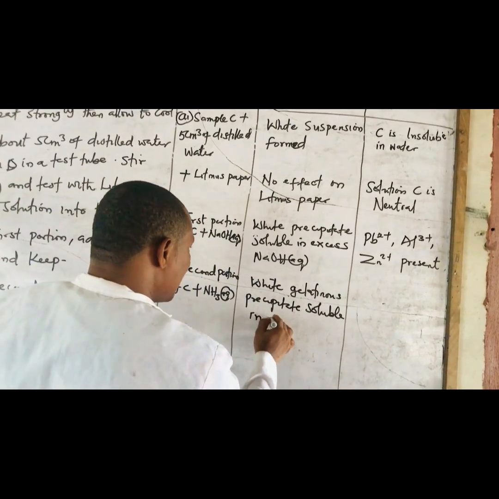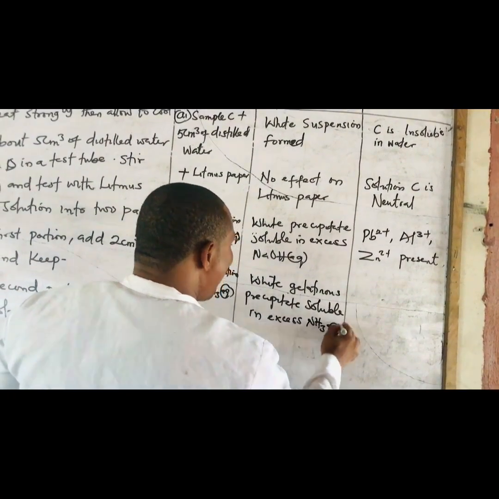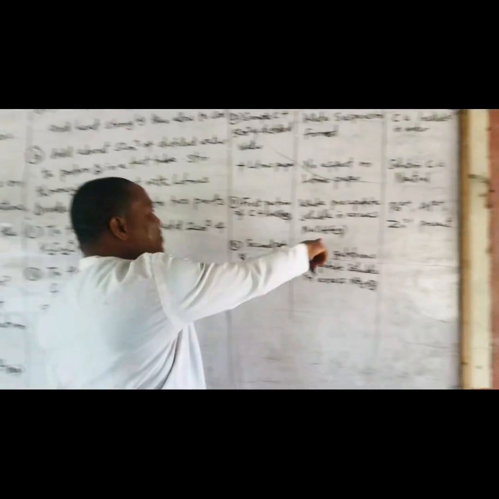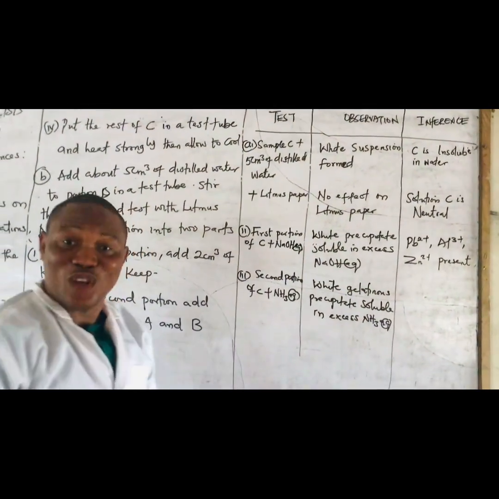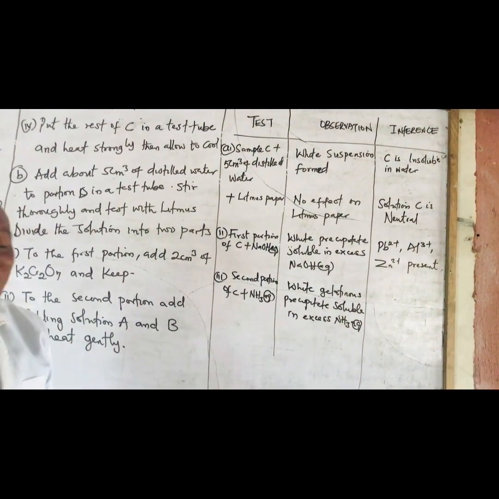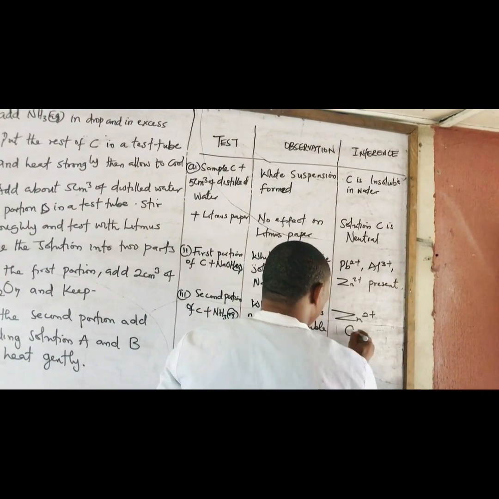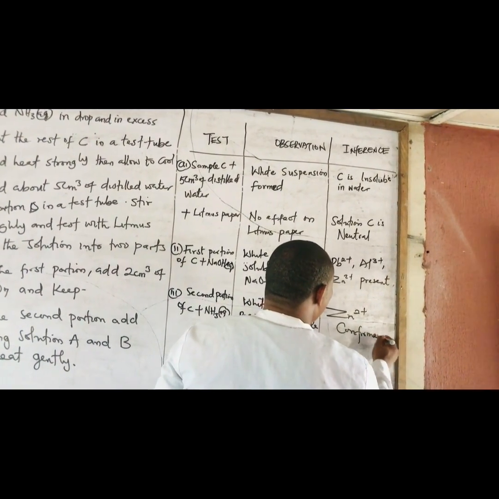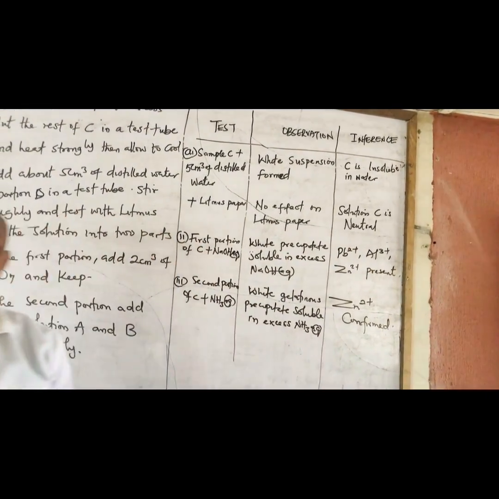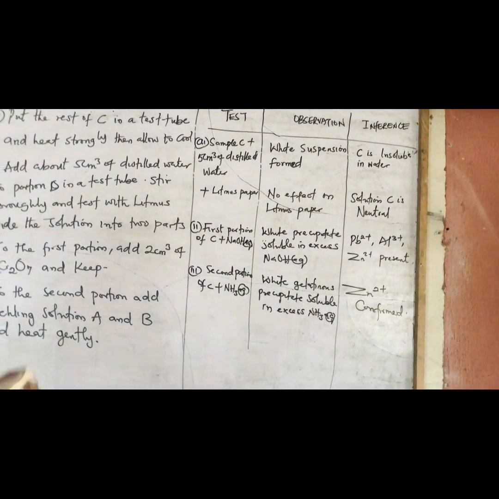Soluble in what? In excess ammonia. And from your basic rudiments of chemistry, there is a white precipitate in sodium hydroxide that is soluble, and a white precipitate again in excess ammonia that is soluble. It means that your zinc 2-ion is confirmed. That's one of the confirmatory tests for zinc.